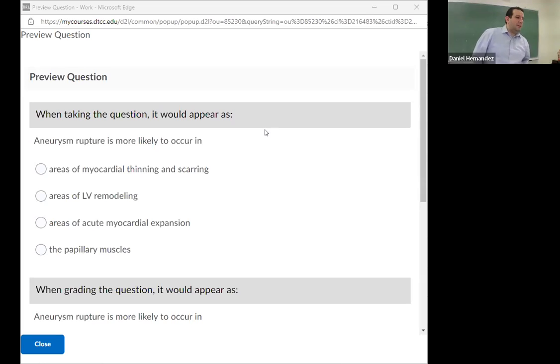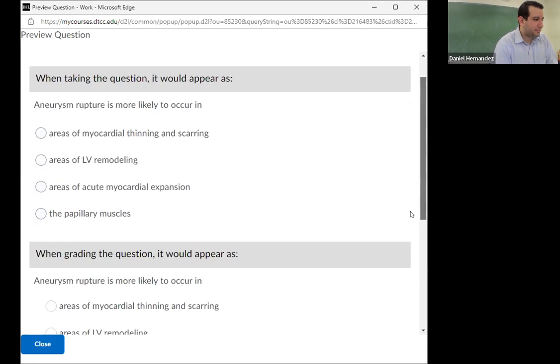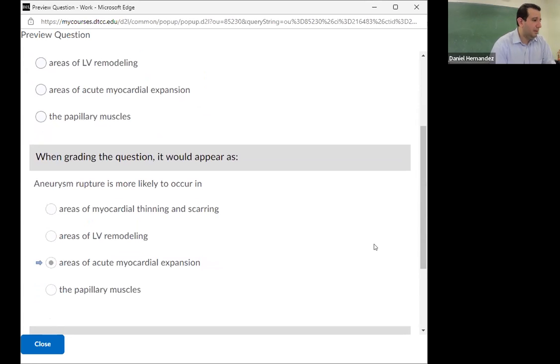So this one. Aneurysm rupture is more likely to occur in areas of acute myocardial expansion. So if a patient's had a heart attack and the left ventricle all of a sudden remodels very, very quickly and dilates, we get an area where it starts to dilate very quickly.